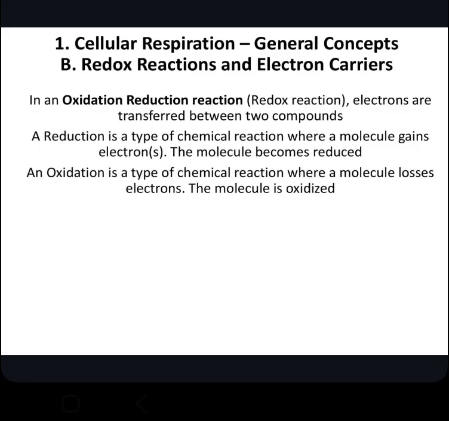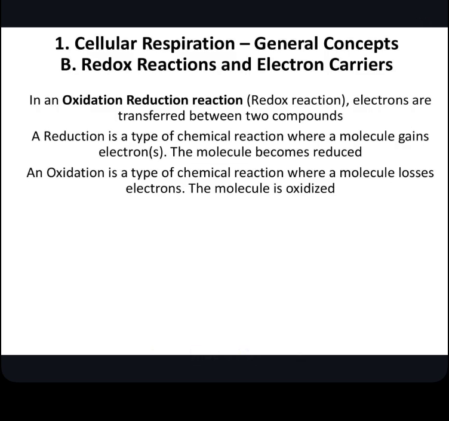In an oxidation reaction, a molecule will lose electrons. We say that that molecule undergoes oxidation. That molecule is oxidized. The molecule loses electrons. Those electrons have to go somewhere.